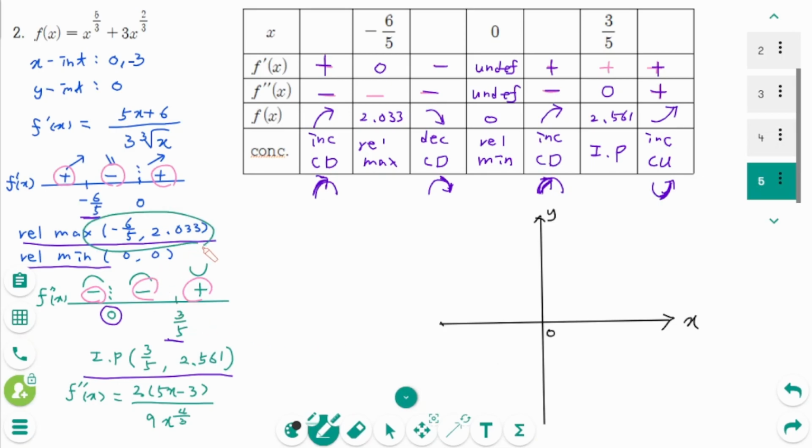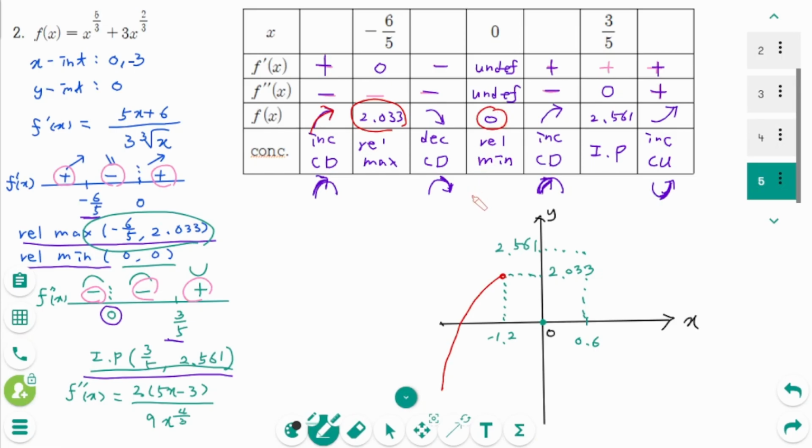Then relative maximum, minus 1.2, 2.033. Relative minimum is 0, 0. Inflection point is 0.6, 2.561. Until this point is concave down and increasing.